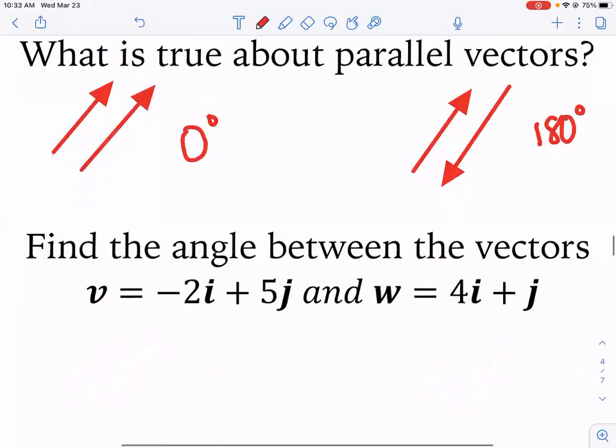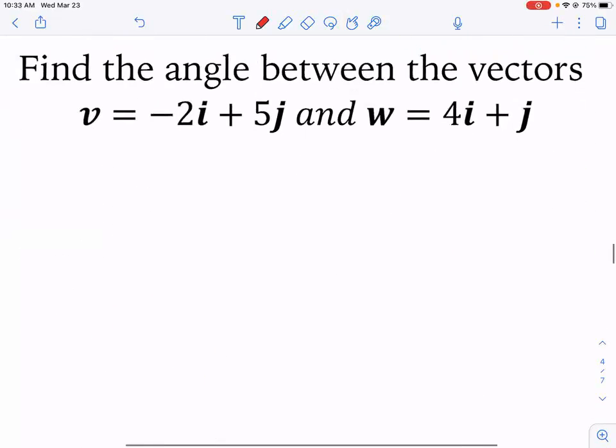Should we try our formula? Let's do it. We're going to find the angle between V and W. Ooh, these look awfully familiar. Are these the two from our first example? Here are the two vectors I would like to use.